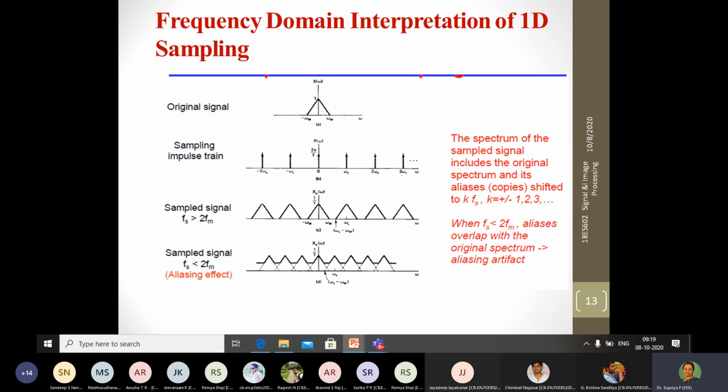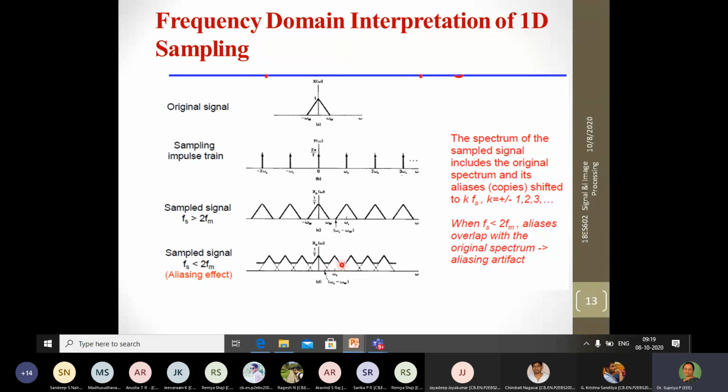If it is 75, you would see that there will be an overlapping because a signal from here would extend from 0 to plus 50 and here to minus 50. Here it is at 75, which means from 75 if you draw a line, it would extend into this particular region, which means the negative part of the signal at 75 would actually start at 25, which means there is an overlap.